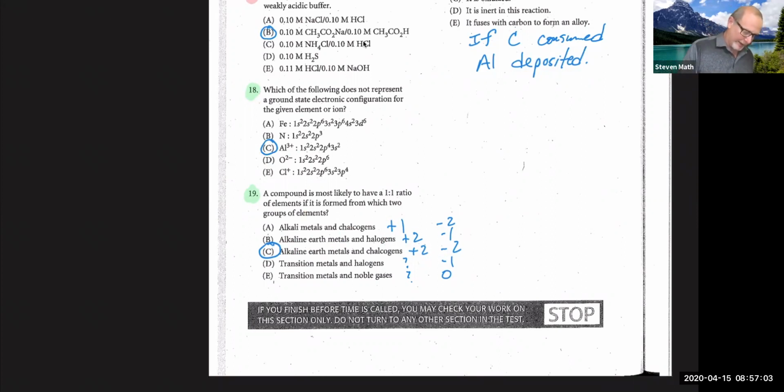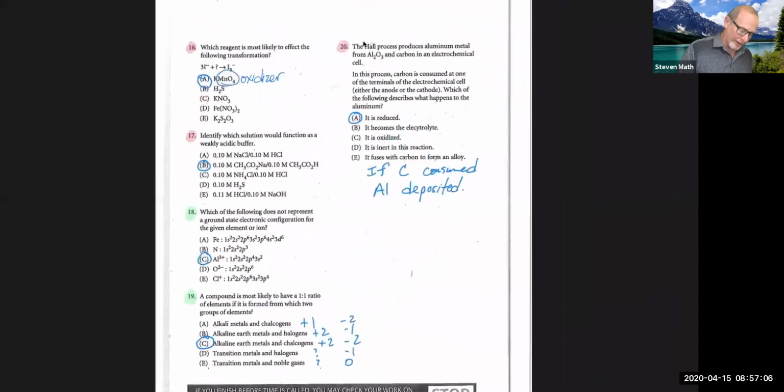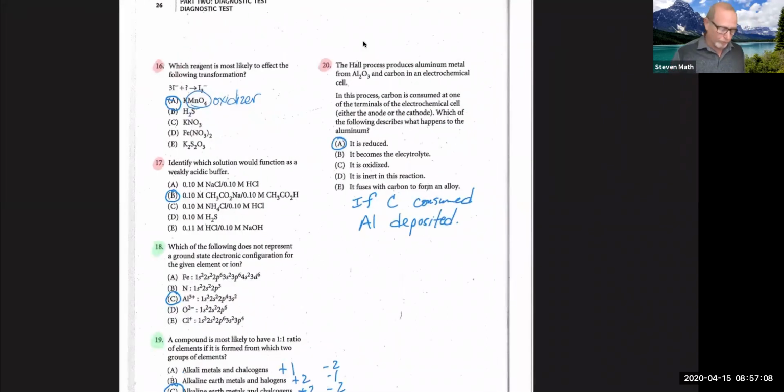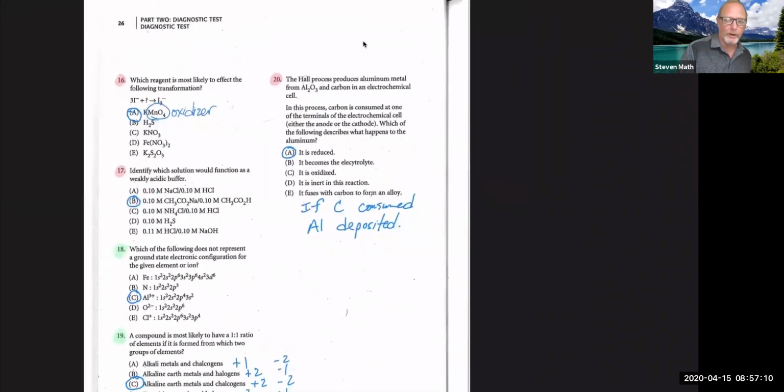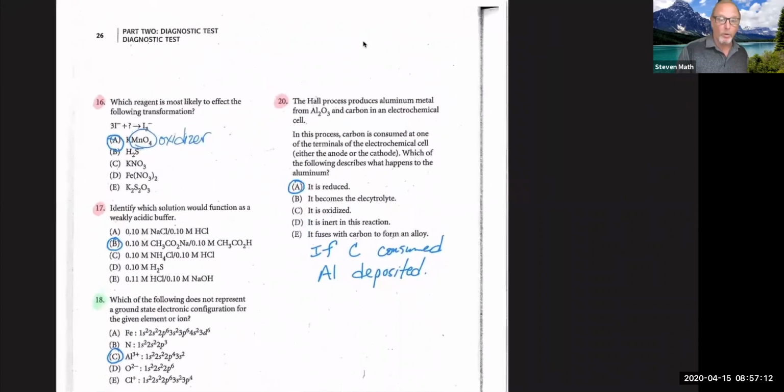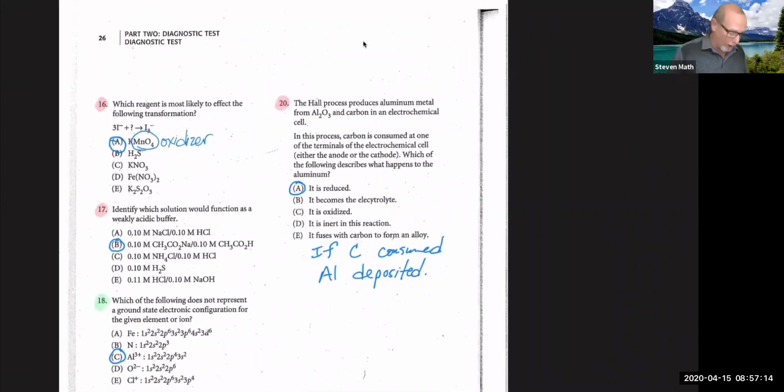Okay. And last but not leastly, we got a red question. The Hall-Heroult process is one that used to show up big. It doesn't anymore. But let's walk through how you could get the solution. You really don't have to know anything about the Hall-Heroult process. They gave this to us. It basically says carbon is consumed.